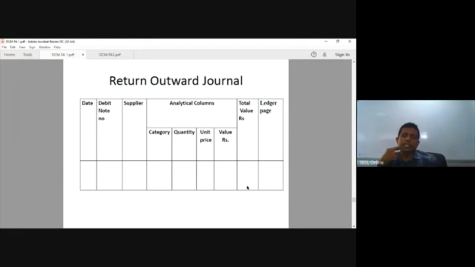Similarly, when you make sales, if the customers who purchase from you don't accept the quantity, quality and brand, they can also return the goods, right? In order to record those purchase returns and sales returns, you have the return inward and return outward journals, right?